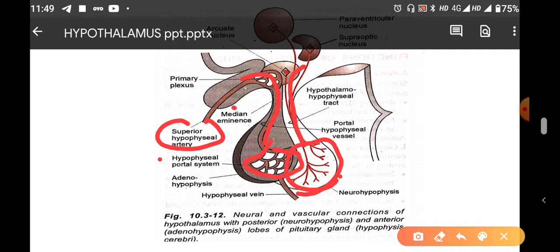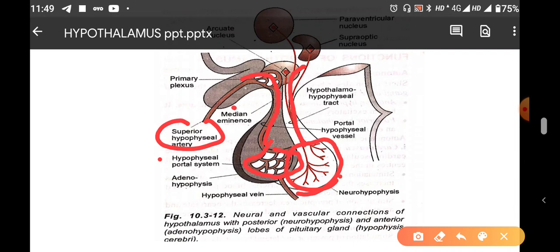So, this tubero-infundibular tract is also the tubero-hypophyseal tract. It consists of the fibers arising from the arcuate nuclei of the tuberal region of the hypothalamus, and they extend in the median eminence and the infundibular stem, where the fibers come in close contact with the capillary plexus of the hypophyseal portal system.